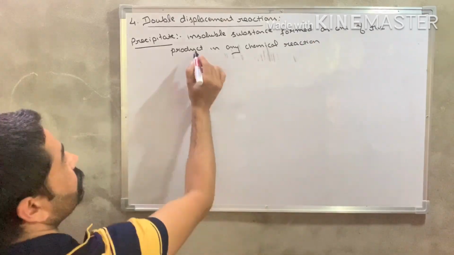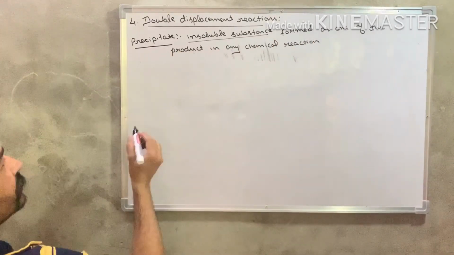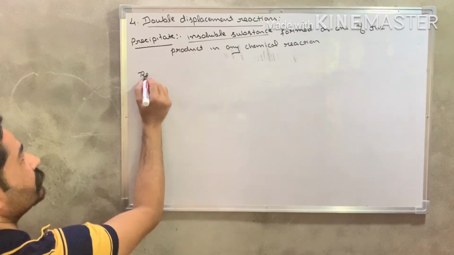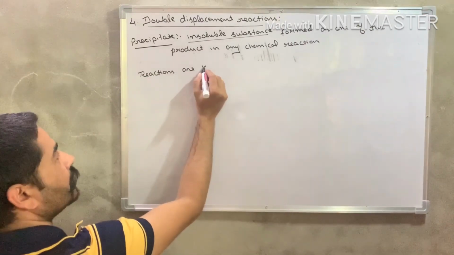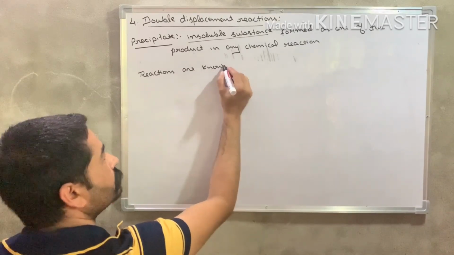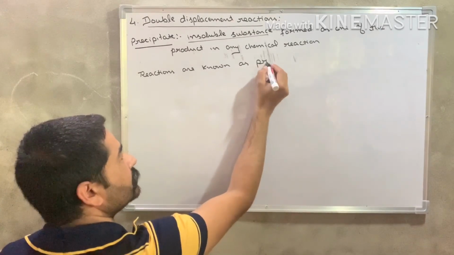This insoluble substance is known as a precipitate, and those reactions are known as precipitation reactions.